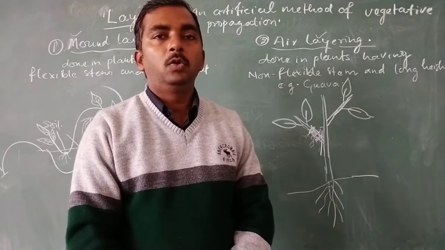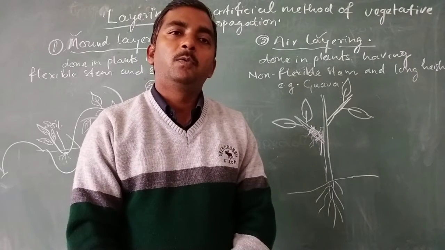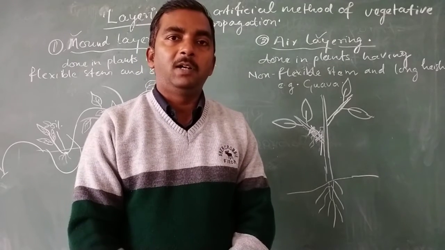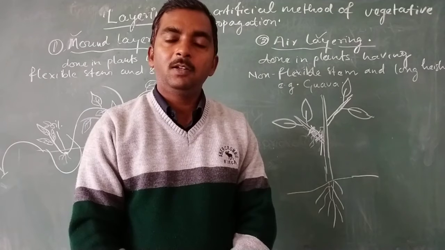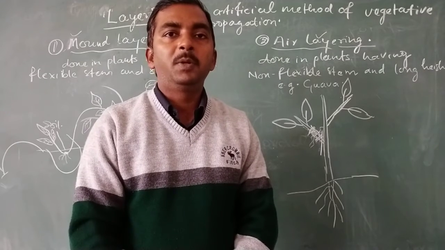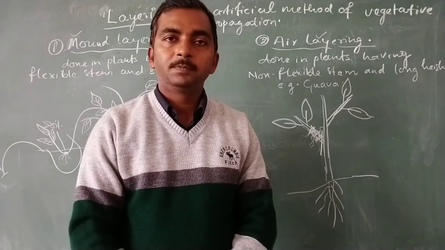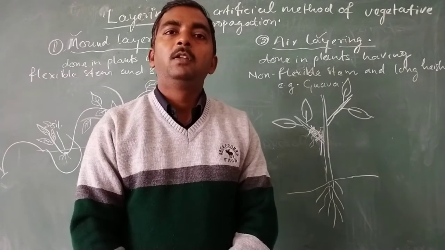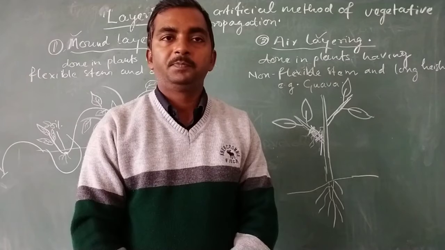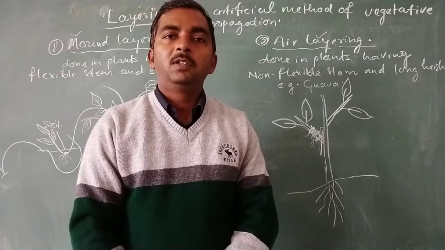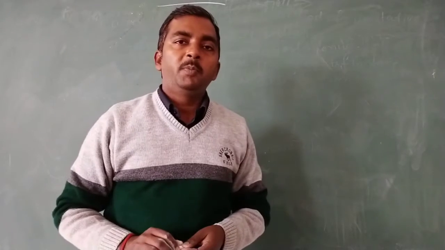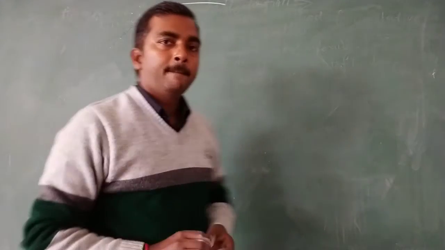We can grow a lot of plants from the vegetative parts, either from a single cell or from a particular tissue we take from the growing region, and we can propagate a number of new plants. So our next topic is tissue culture.